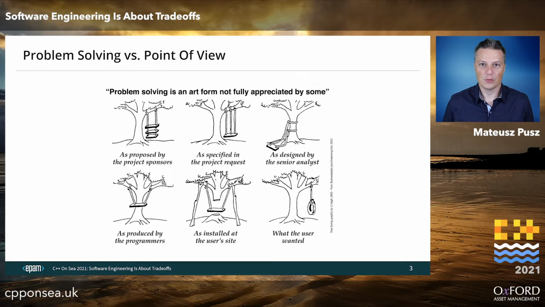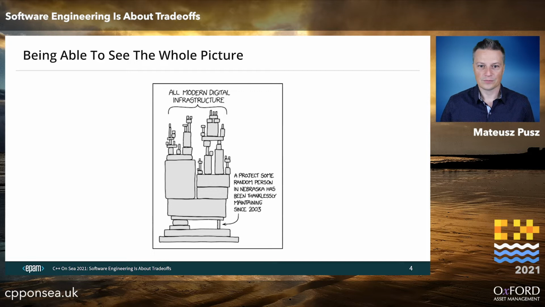So first, we have to get the requirements from all of the stakeholders and try to find a wide, high-level view on everything that has to be incorporated into the product. Being able to see the whole picture is really important, because sometimes those stakeholders basically see only their own playground, right?